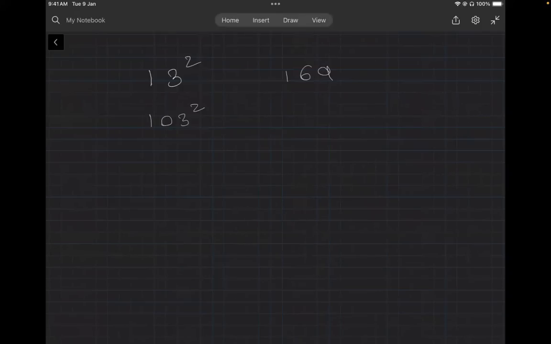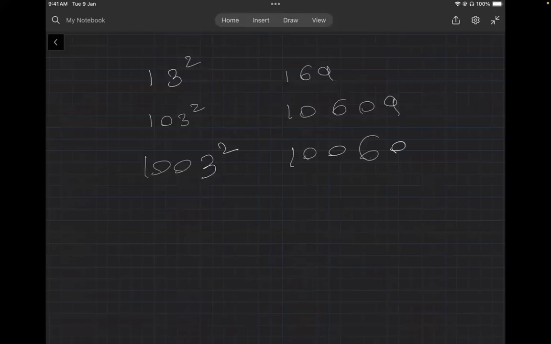Put this in the calculator. It is 10609. Similarly, what is 1003 square? It is 1006009. And what is 10003 square? It is 100060009. Right?